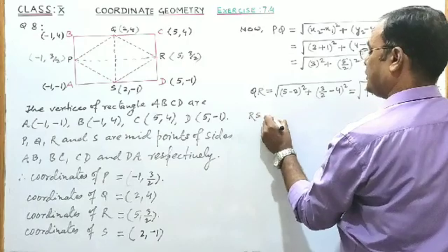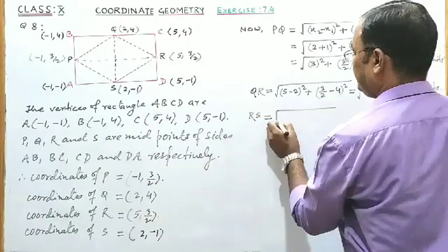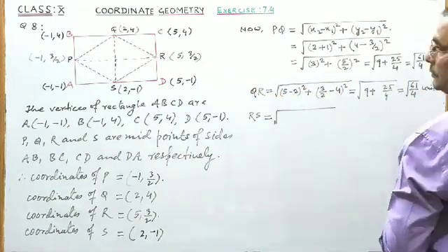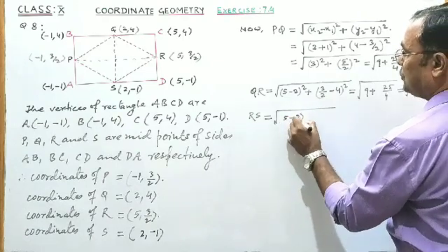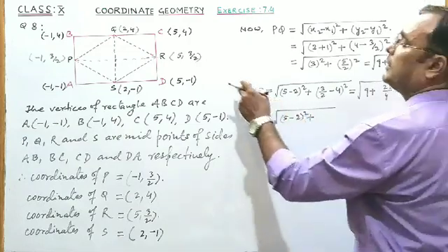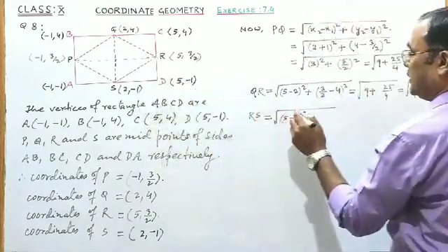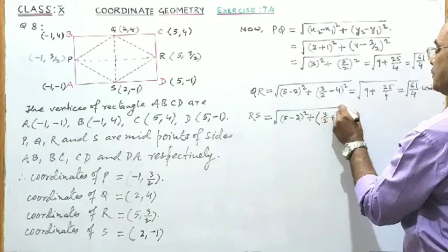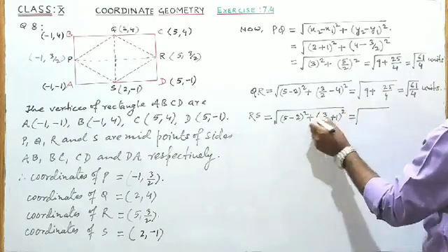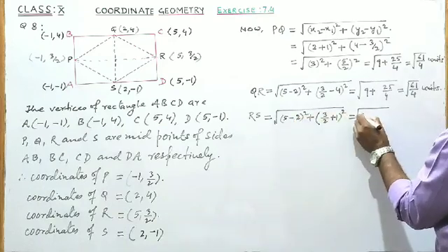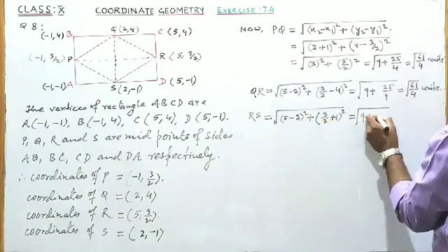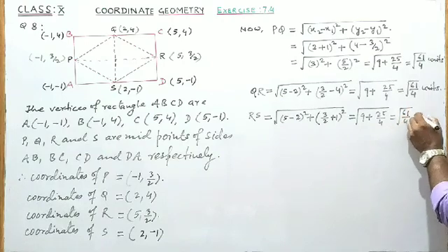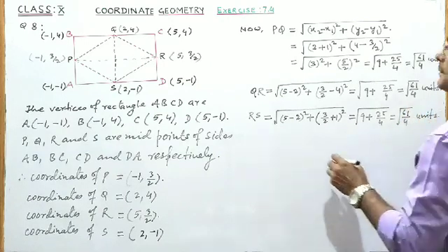RS is equal to the square root of (5 minus 2) whole square plus (3 by 2 plus 1) whole square, equal to the square root of 9 plus (5 by 2) whole square, again 25 by 4, which is equal to root 61 by 4 units.